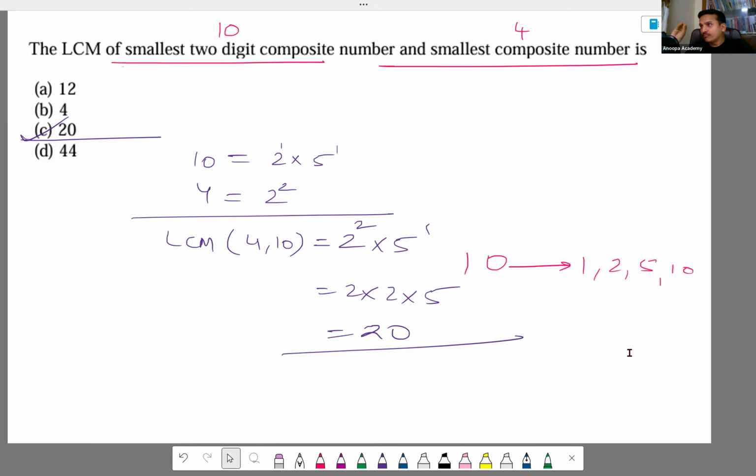So one more thing. First of all, listen. My humble request, every time I'm repeating: please write the class notes within 24 hours. Please do it, everyone. Don't wait for your parents to interfere and ask you whether you have done it or not. You are matured enough. You are going to write the board exam. You are not studying for anybody else, but for yourself.